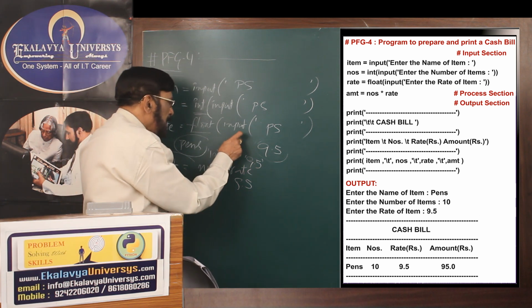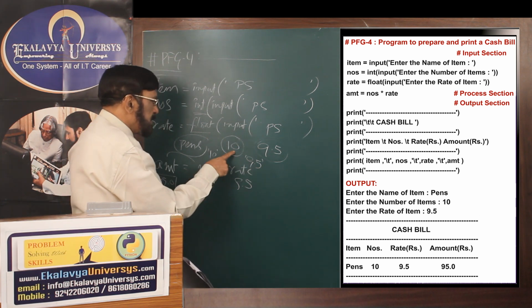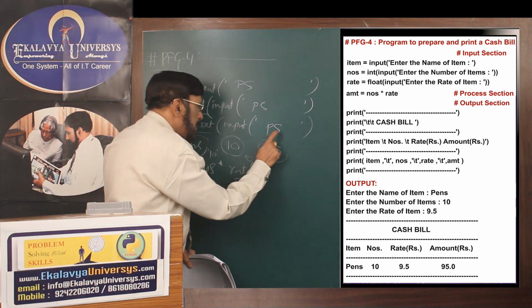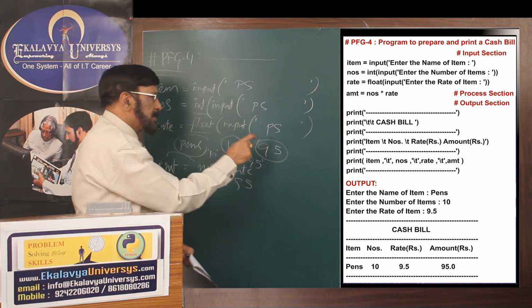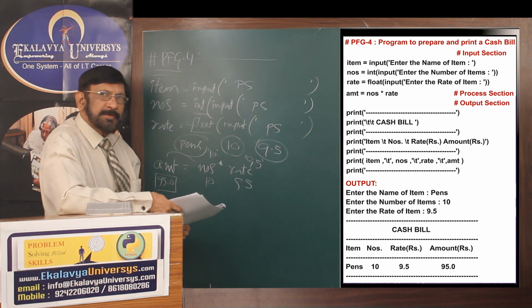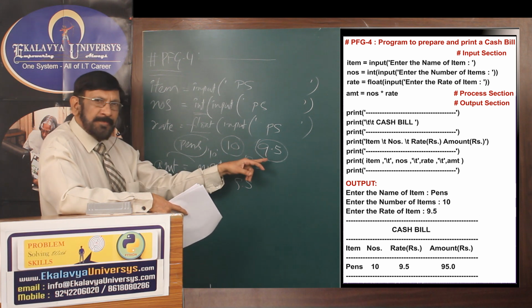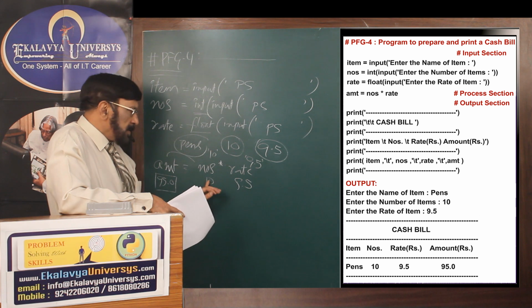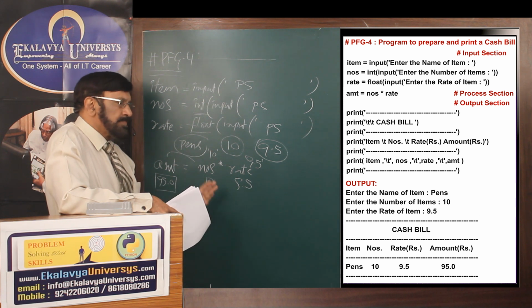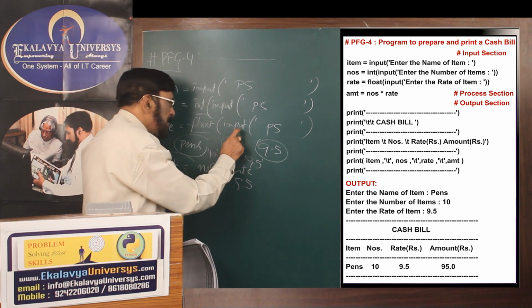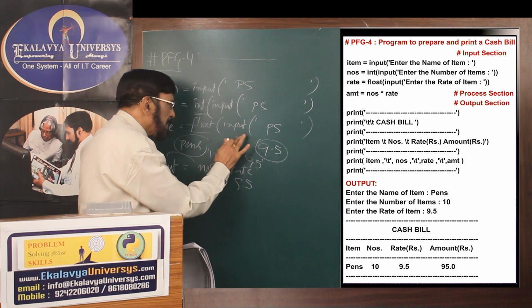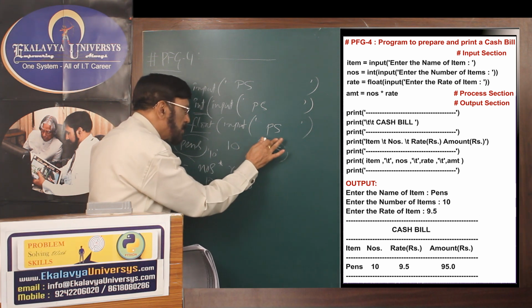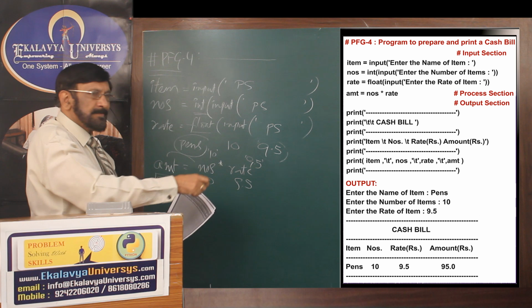Here 10 was read like that, an integer value was read like that, and a floating point value was read like that. Then how can you perform an operation? This is not a string oriented operation. This is an int, this is a float, and int into float you have to make. For that purpose, you have to remove that wrapper. Until the wrapper is removed, you cannot make this multiplication.